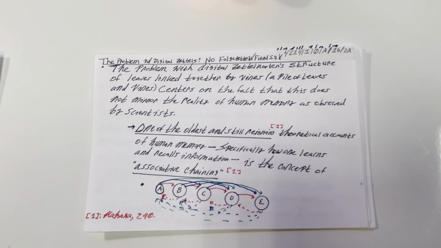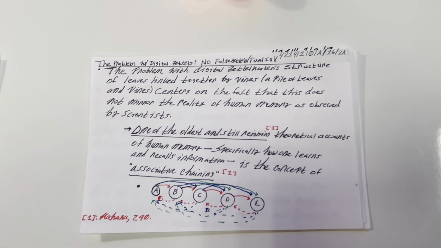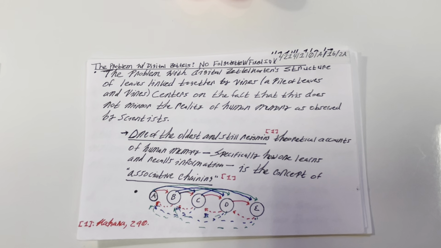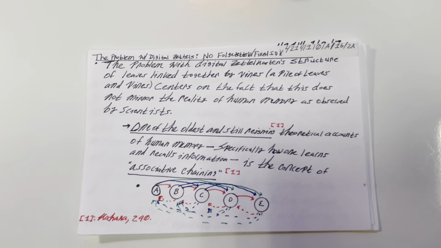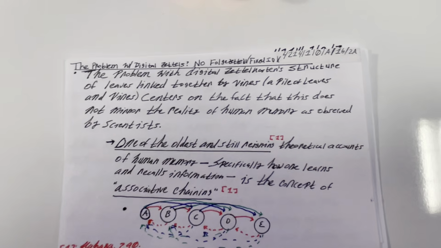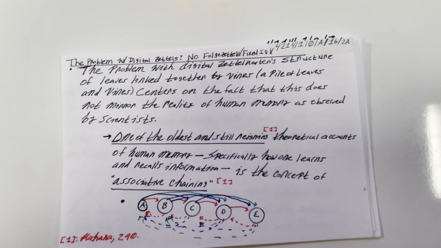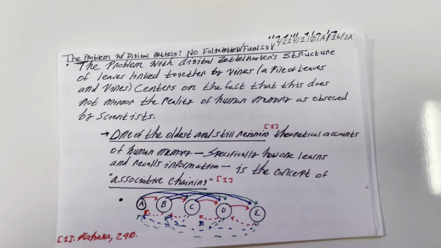It's just like if you've seen those bubble graphs and connecting little circles on Obsidian, the software, that's what a digital Zettelkasten is. And so, the structure of leaves linked together by vines, pile of leaves, centers on the fact that this does not mirror the reality of human memory as observed by scientists.